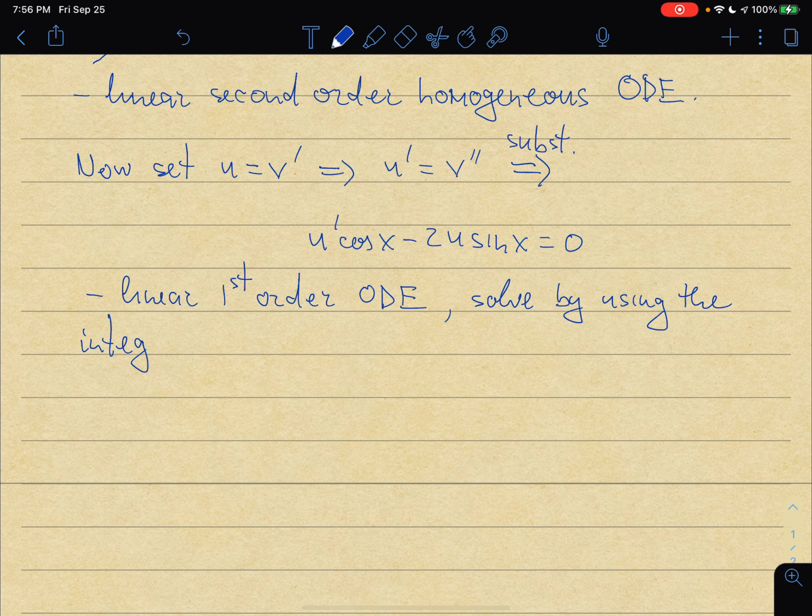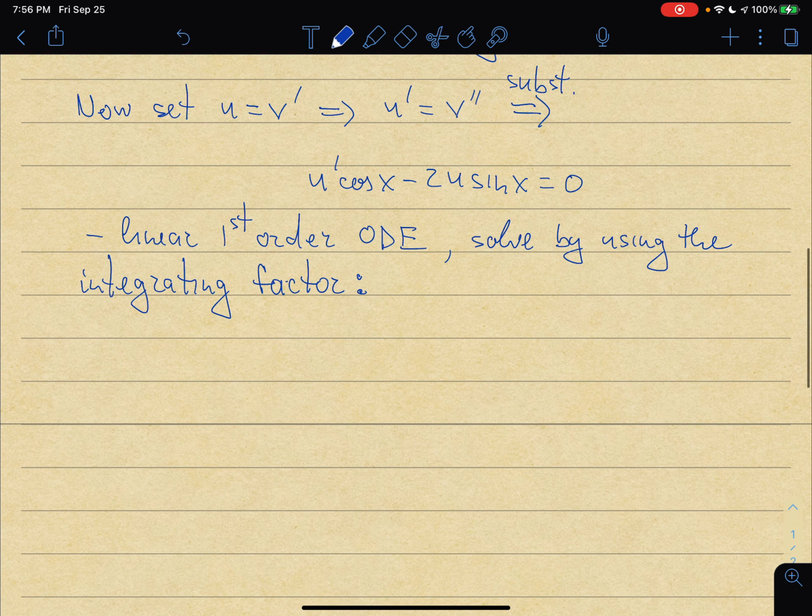So if I want to use the integrating factor, then we have to write this ODE in a standard form. For that, I'll have to divide everything by cosine of x. So then u prime minus 2 sine x over cosine of x times u must be equal to 0.